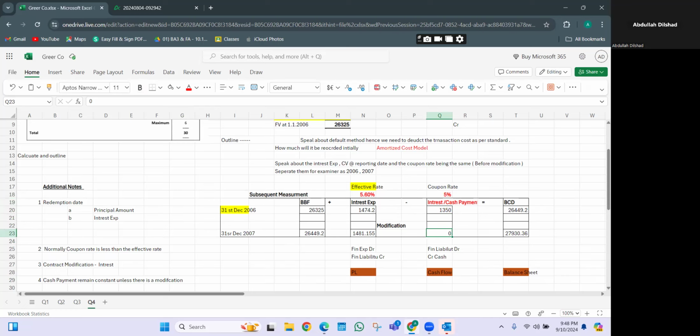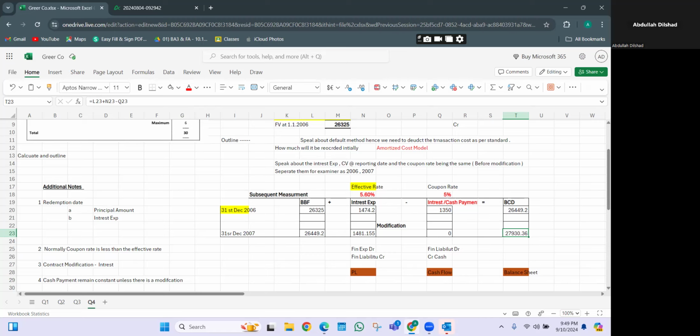After the repayment at 31st December 2007, your balance carried down, the balance that you need to record as financial liability in your SOFP for the year end 2007, is 27,930, after adding your interest expense and after deducting zero cash payments, because of the modification.